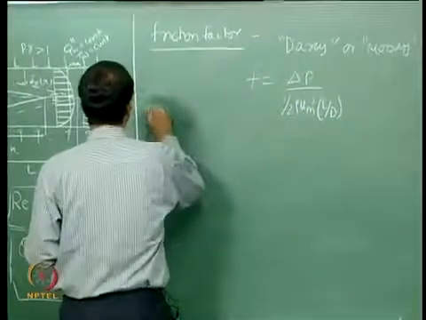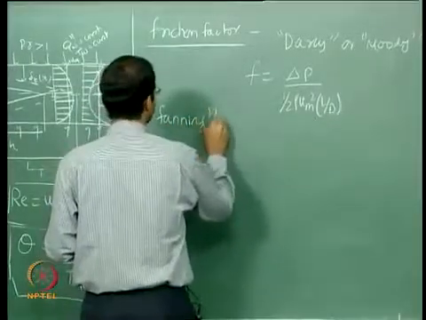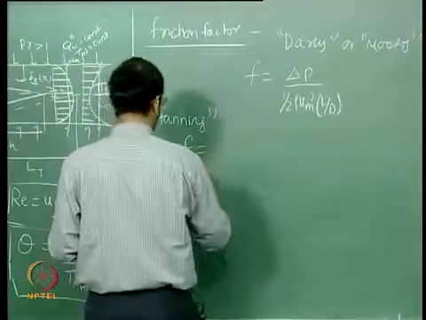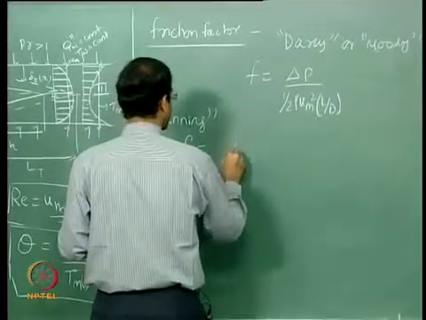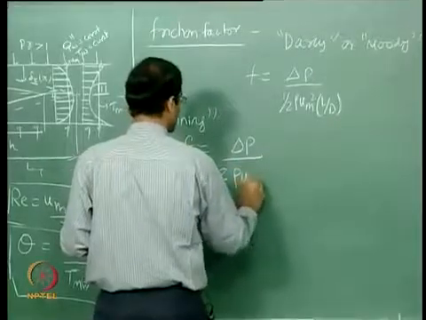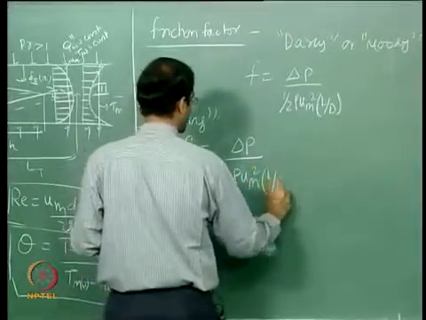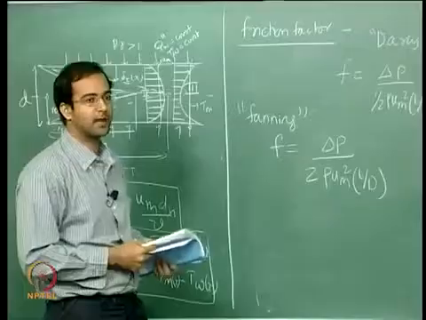The other friction factor is also called Fanning's friction factor, and he defines it as delta P by twice rho um square into L by D. So you see the basic form is the same, it is only the factor.